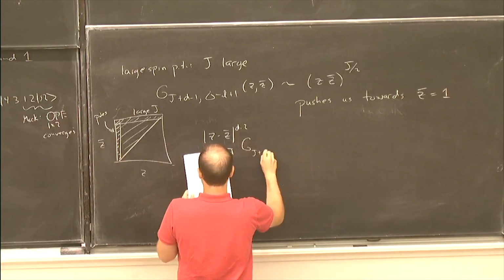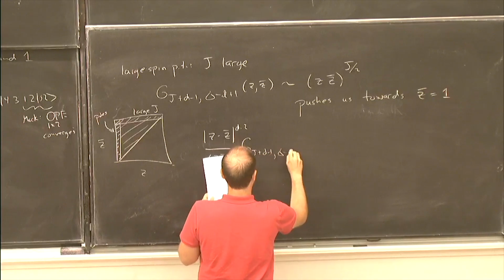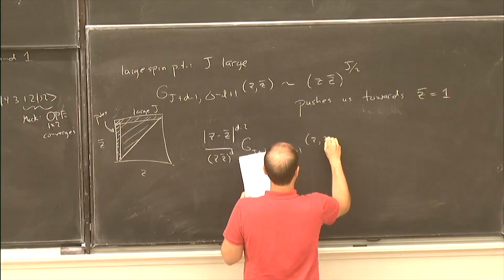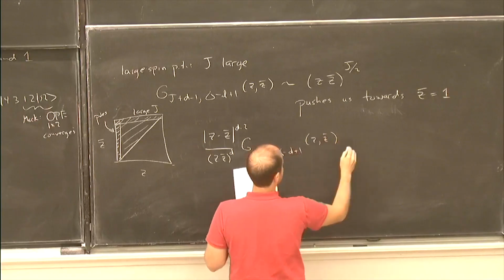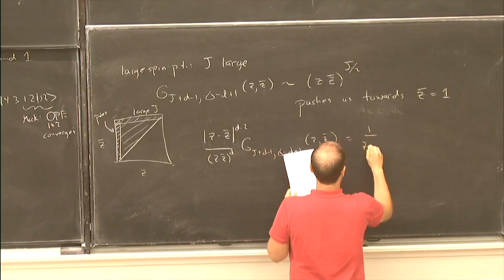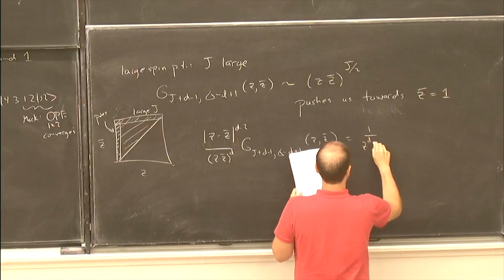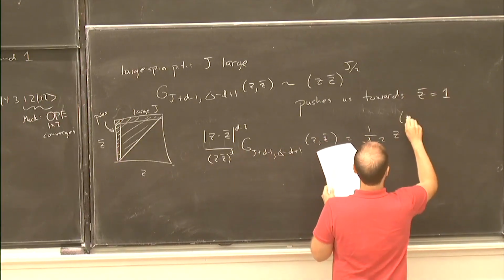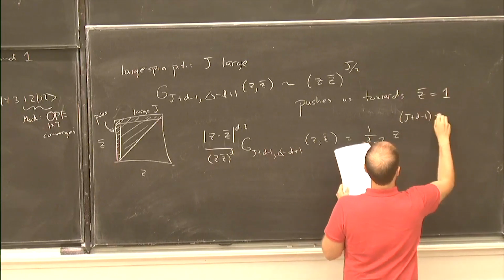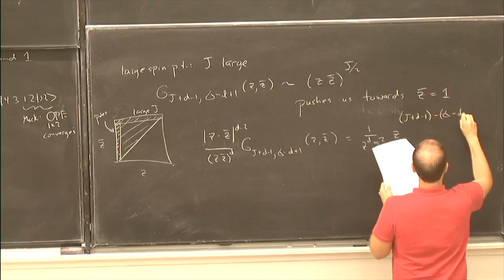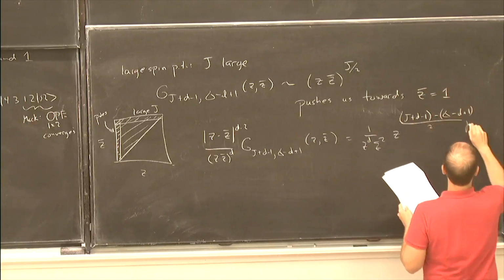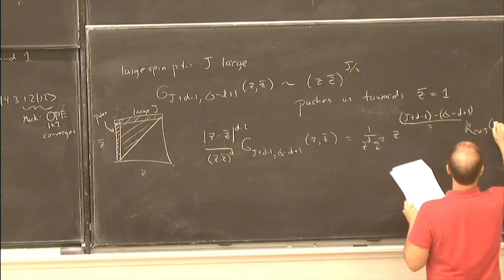So the light cone approximation for the block that was on your problem set and that we used heavily in the first lecture says that this is equal to, at leading order, 1 over z to the d, z bar squared times z to the j plus d minus 1 minus delta minus d plus 1 over 2 times an SL2 block, k delta plus j of z bar.